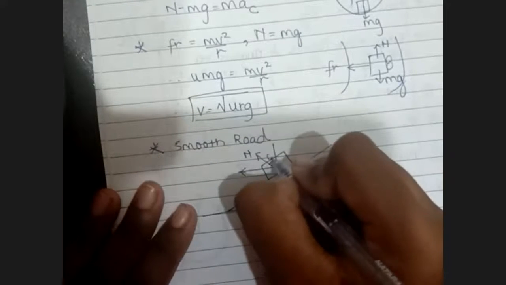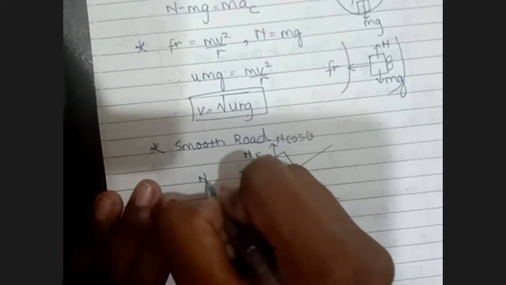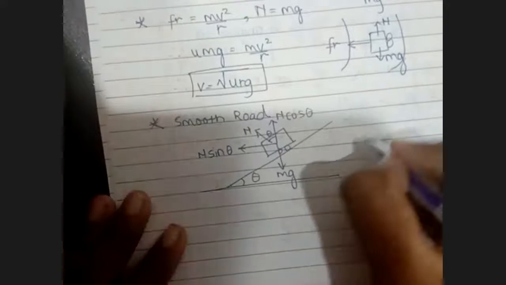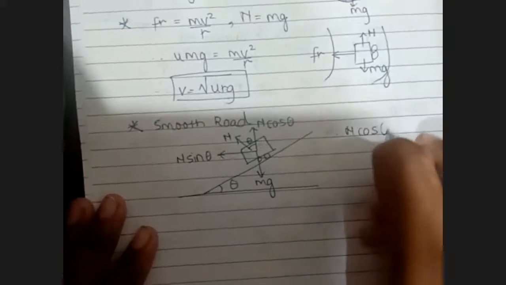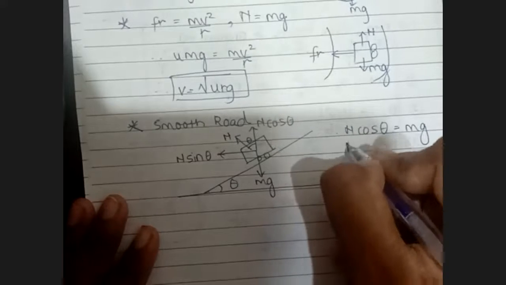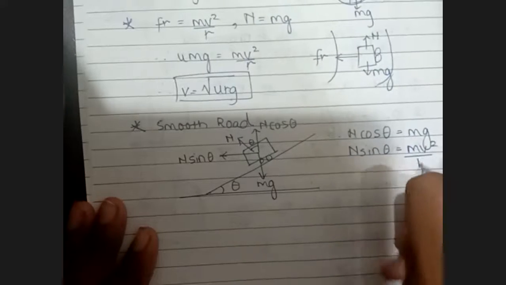So this angle will be theta, and this will be n cos theta, and this will be n sin theta. And n sin theta will be equal to mv square upon r.